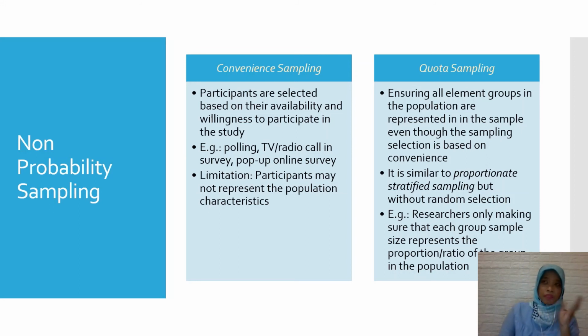So again, if we know that the population consists of 75% male and 25% female, and we want to have 1,000 elements in our sample, then we will want to have 750 male participants and 250 female participants.